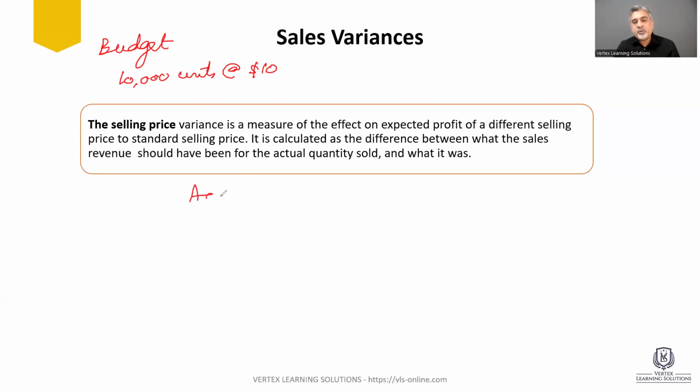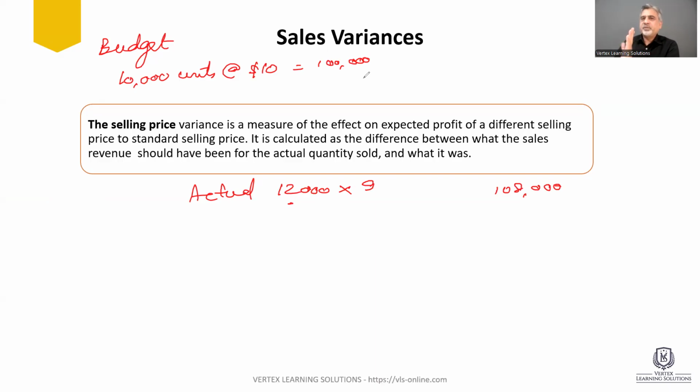Now, when you come to your actual sales, your actual sales are 12,000 units, which means you are selling more, but at $9. So 12 times 9 is 108,000. The budget was 100,000. So you thought that you should be making $100,000 in sales by selling 10,000 units. In reality, you sold 12,000 units at $9, which is 108,000.